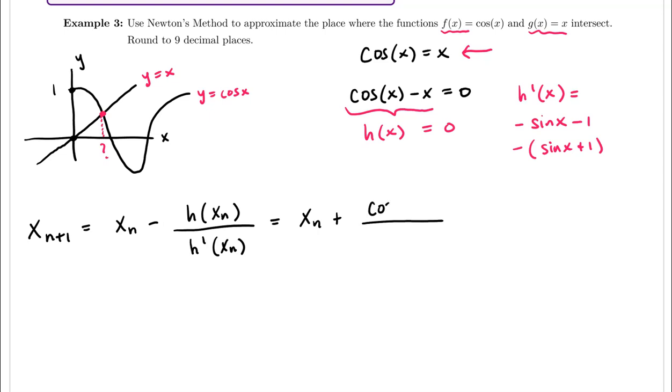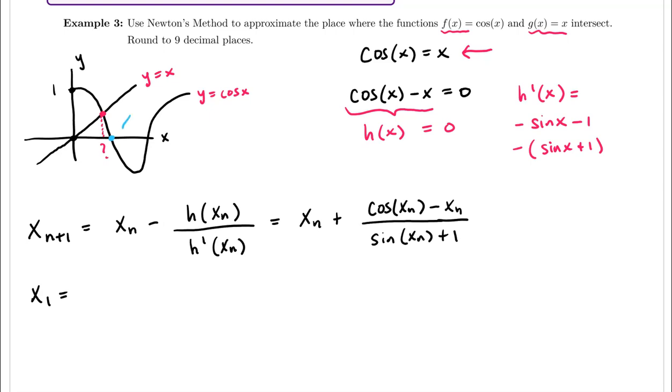So I have x sub n plus cosine of x sub n minus x sub n over sine of x sub n plus 1. From here, I need to choose an x1 value, and let's see, where is cosine equal to 0? That's going to help me identify this point here.